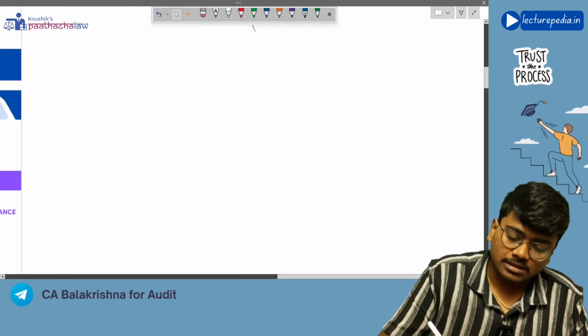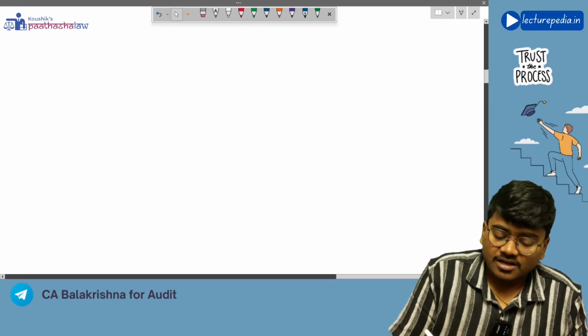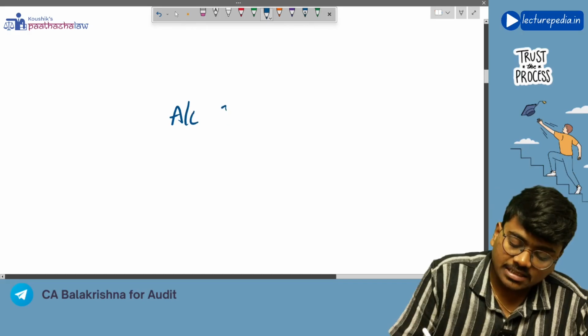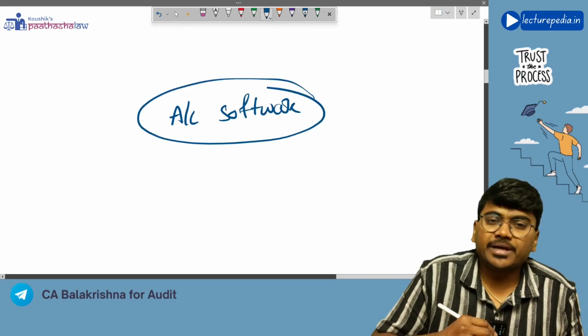Audit trail. Basically, audit trail is a feature that should be there in the accounting software that the company uses.